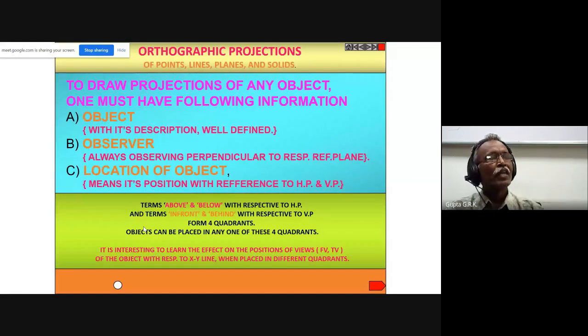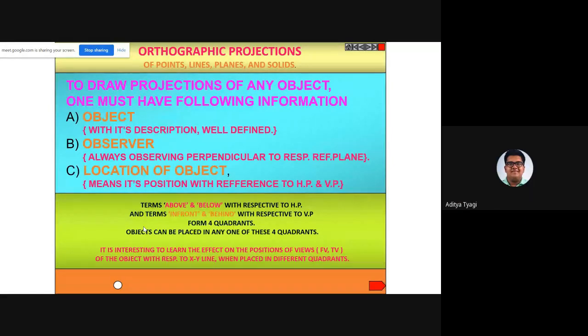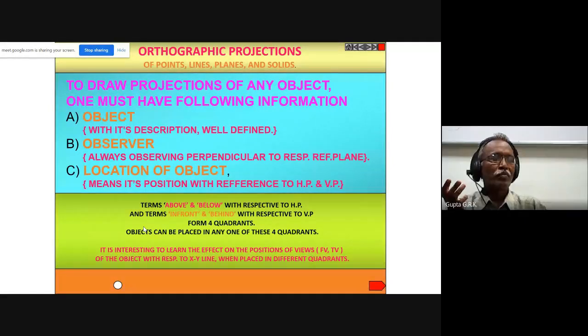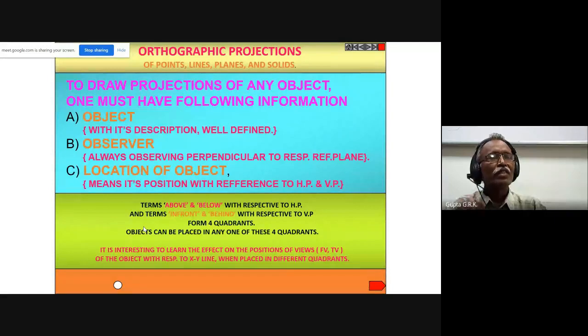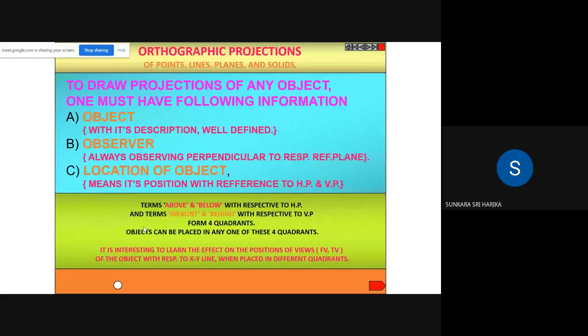Then we have seen that a point can be only above or below. If a point is above HP, what can I say about the views? Front view above XY. If it is below HP, front view below XY. If it is on the HP, front view on the XY.